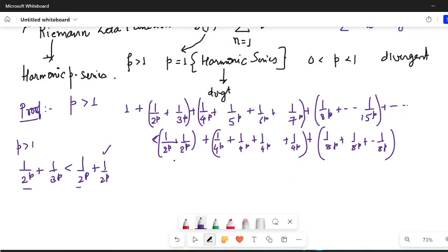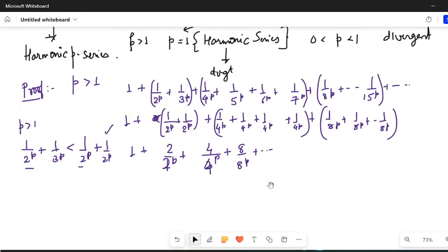It yields me that all of these things, there is a 1 added also to it, 1 plus something. This is less than 2 upon 2 to the power p. This is 4 upon 4 to the power p. This is 8 upon 8 to the power p, and so on and so forth.